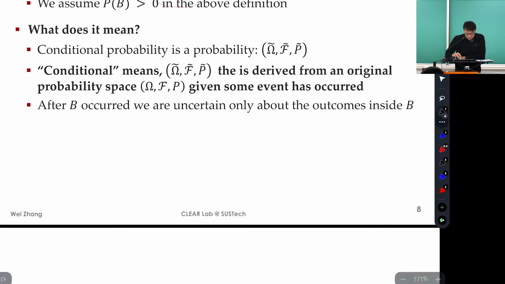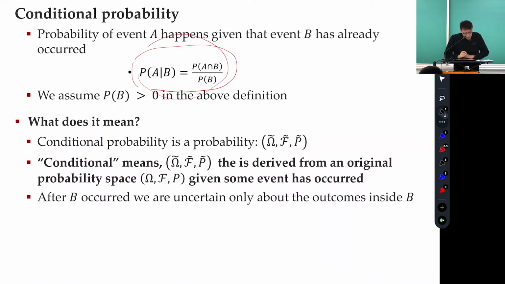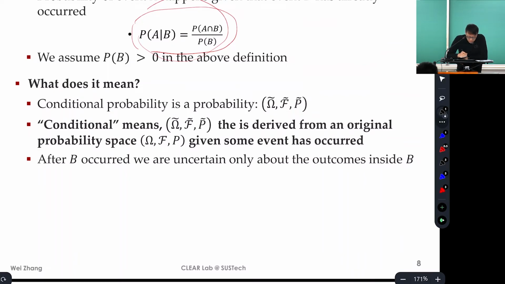I'm going to write, okay? So, conditional probability, first of all, the key word here is not conditional, it's probability. Conditional is used to describe this probability. By nature, conditional probability is a probability. Okay, sounds like a trivial statement, but you should understand conditional probability is a probability, so it has to have its own probability space.